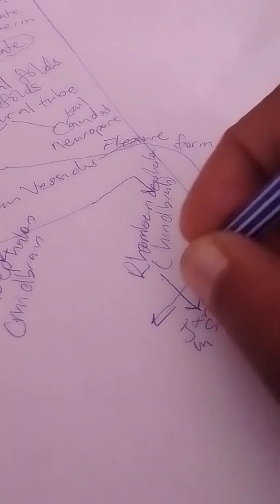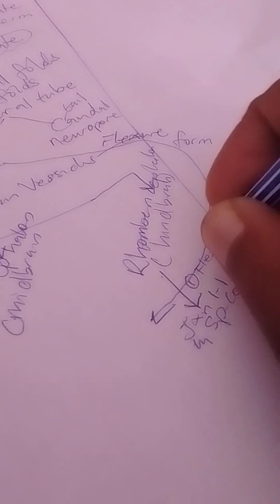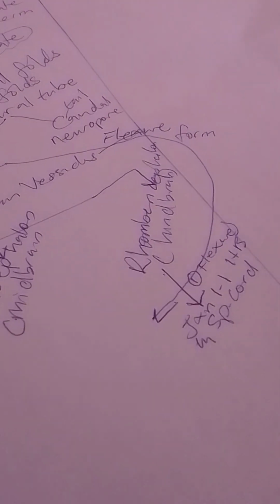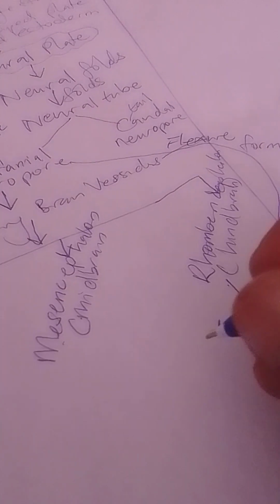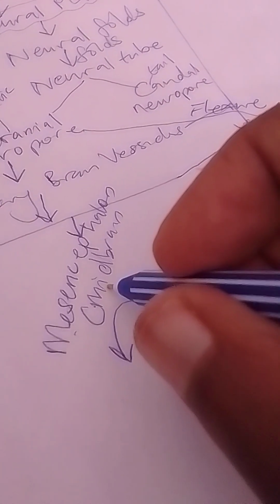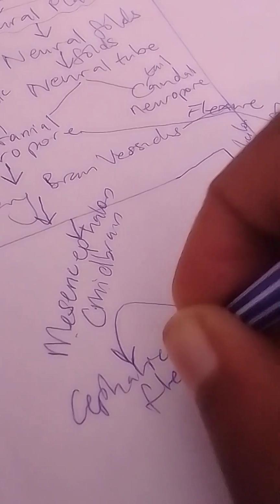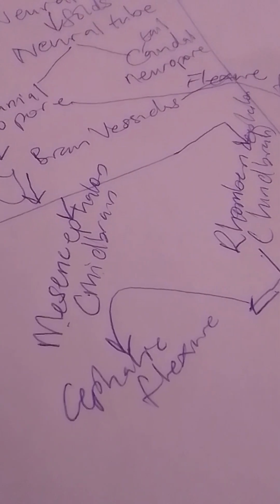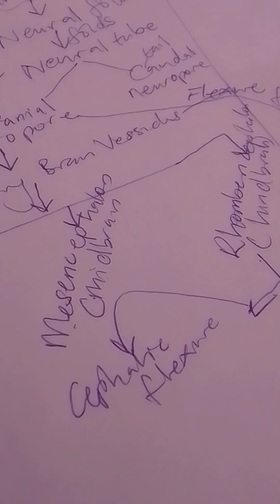So this is the first flexure that is formed, right? And then the next one, it will proceed and form a flexure or a bend at the midbrain or the mesencephalon. So that one will be known as the cephalic flexure.